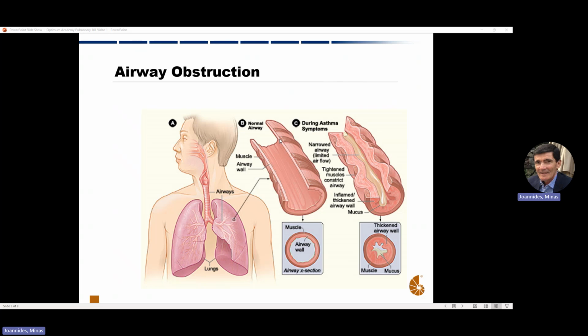And then on the interior part of the airway is inflamed and there's thickened airway wall with mucus production. So the airflow in that airway is obstructed and less air can pass in and out.